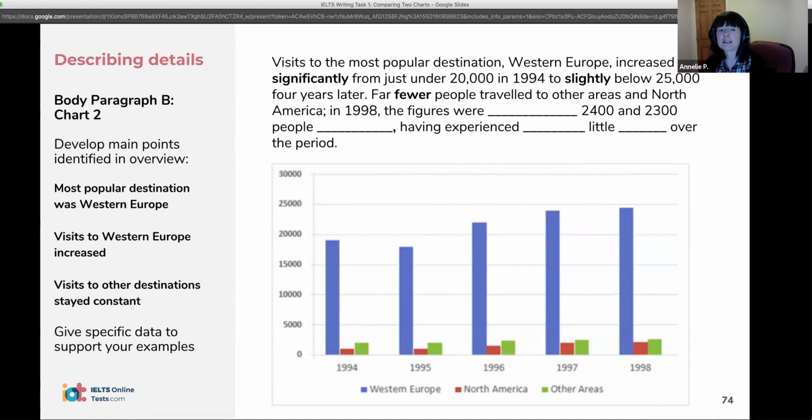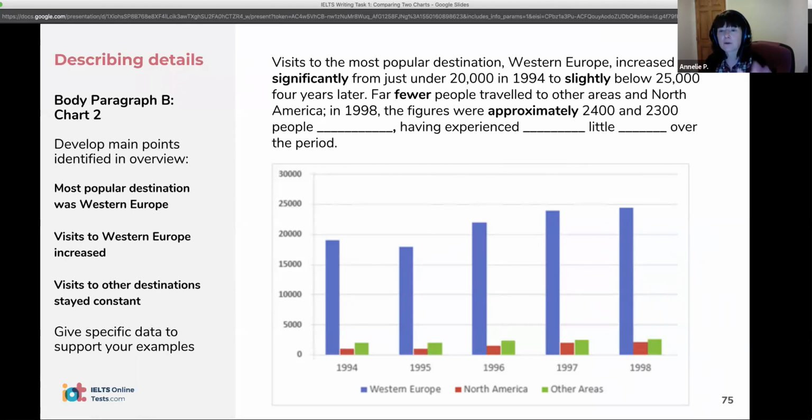So moving on, 1998, the figures were. Okay, so approximately, so yeah, around, Barbara, that would work as well.